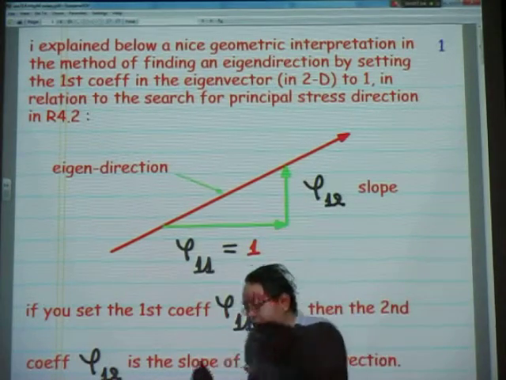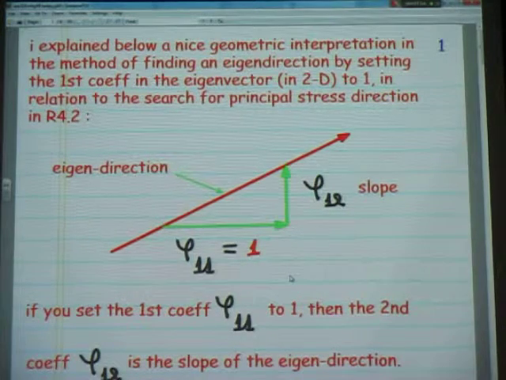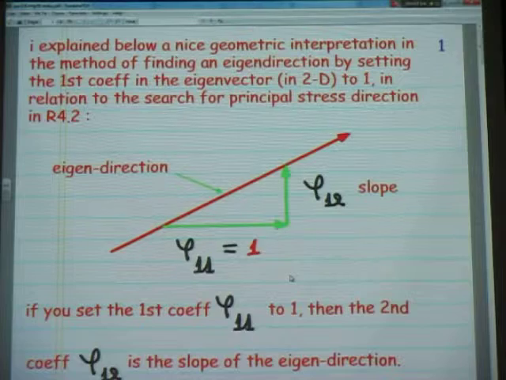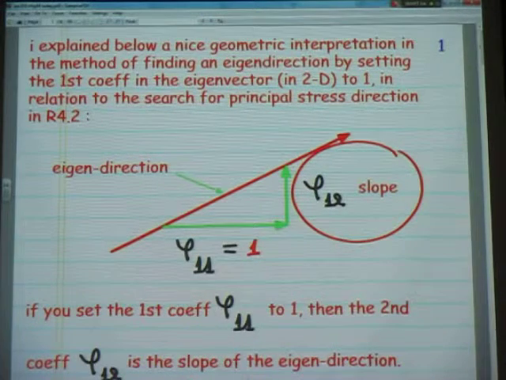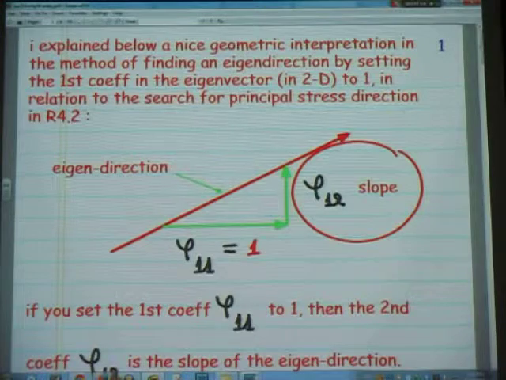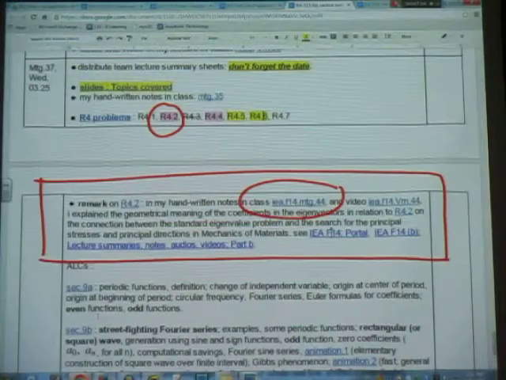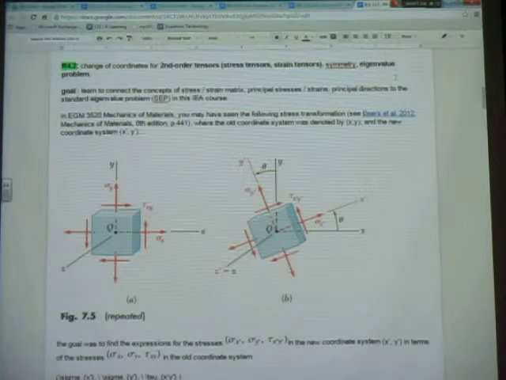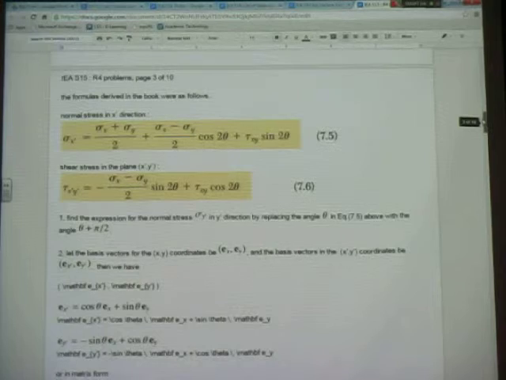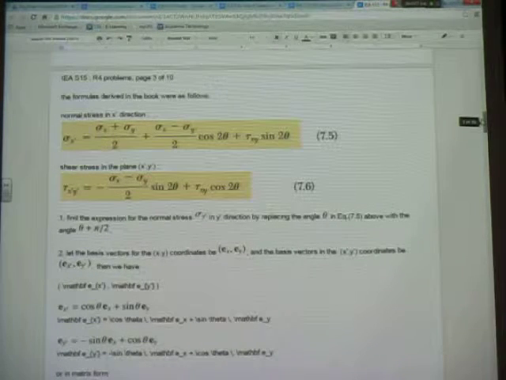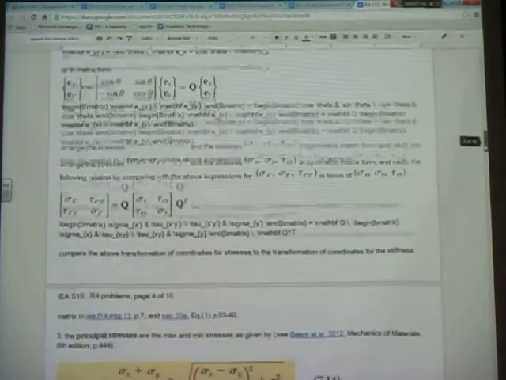And when you do problem 4.2, if you follow this method, then the slope that you would find would give you this very beautiful formula that you saw in mechanics of materials. Okay, and that's this one. Let me see the principal direction.